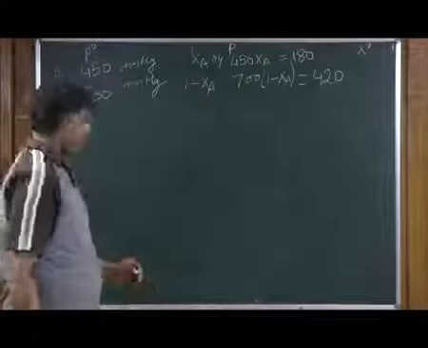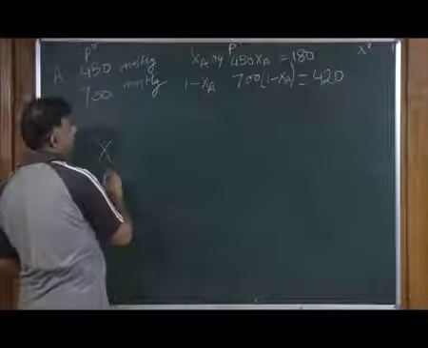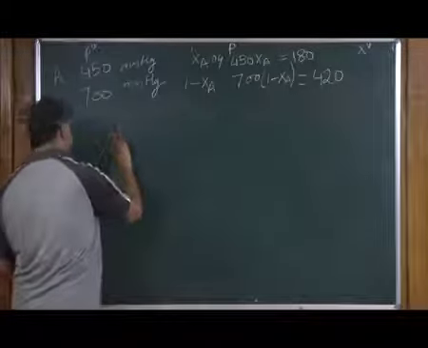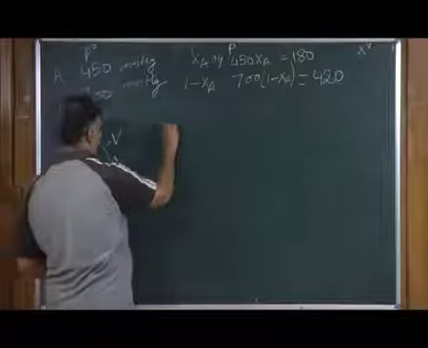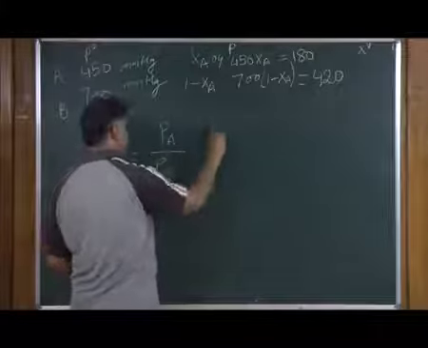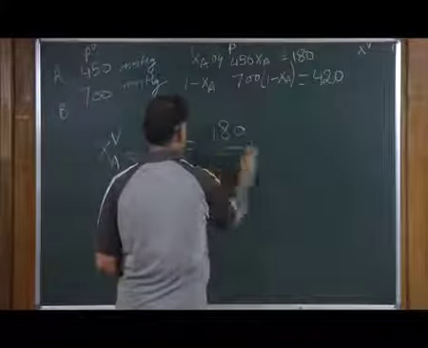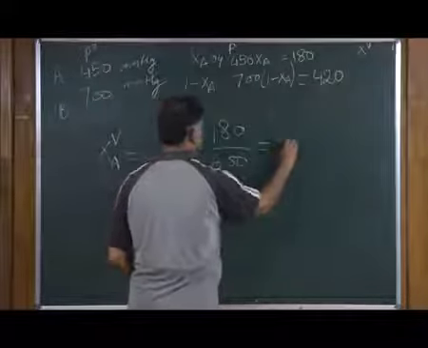So, the composition in vapor phase of A is simply the partial pressure of A divided by the total pressure, and the answer is straightforward: divided by 600, and I get 0.3.